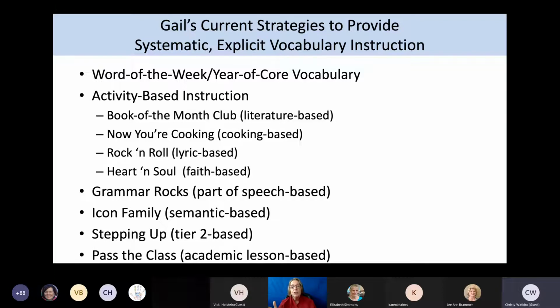I could do two hours on it. I did last week a two-hour webinar with folks on rock and roll therapy, which is all about using lyrics as a strategy for teaching vocabulary, particularly with adolescents and young adults. Some of you are into Book of the Month Club.